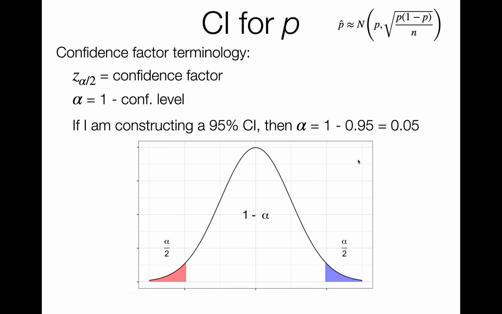So if I have a 95% confidence interval, then I want to find the points here and here such that 95% is in the middle. Then I have to find out what's on the endpoints. This z sub alpha over 2 is the point here such that alpha over 2 of the area of this normal curve lies to the right of it.